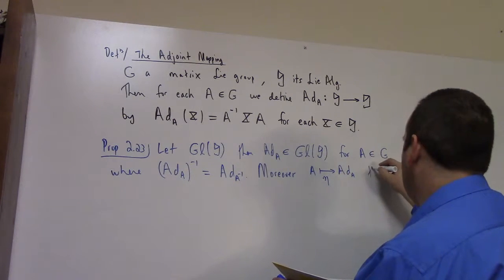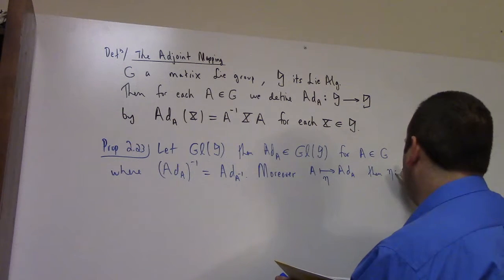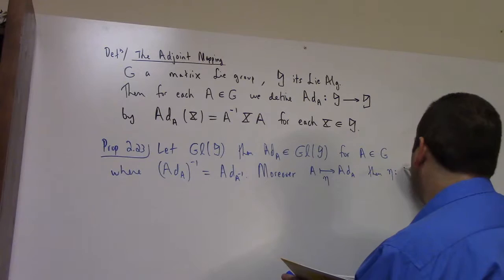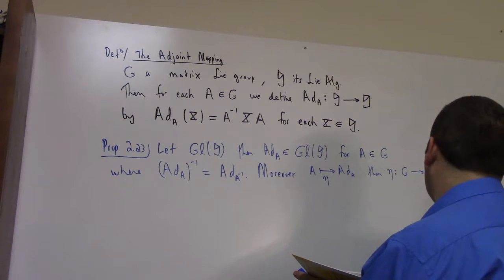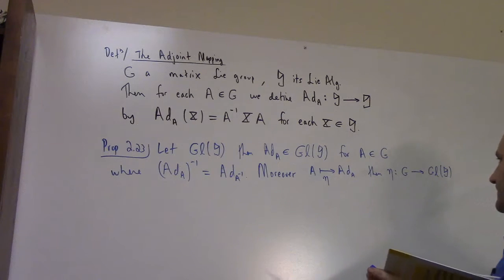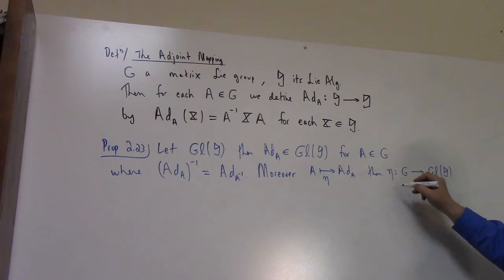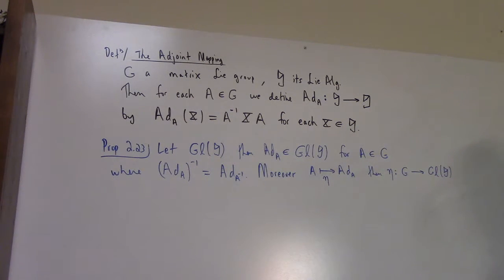Then eta is a homomorphism from G to GL(frak G). Eta is a homomorphism of groups.